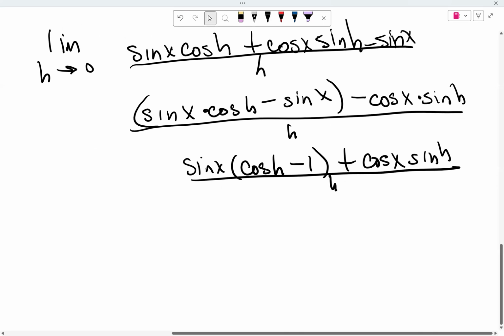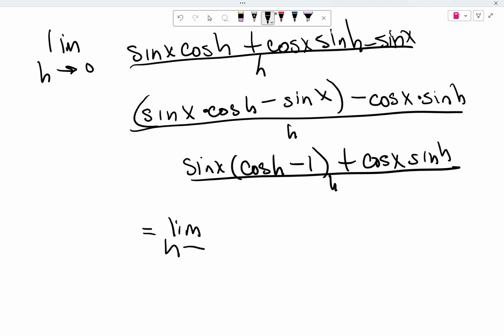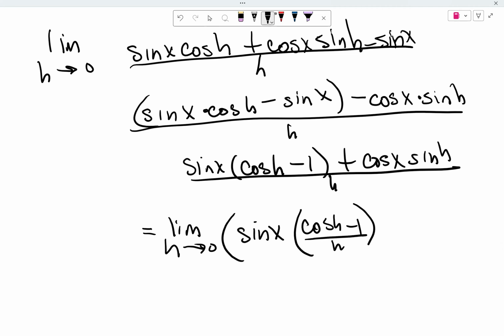And so as the limit as h approaches 0, we end up with the limit as h approaches 0 being sine x times cosine of h minus 1 over h, plus the limit as h approaches 0.